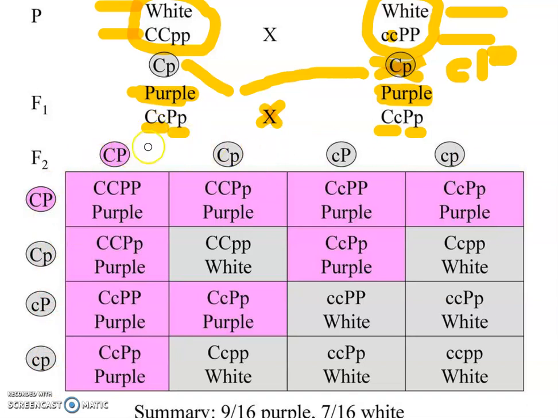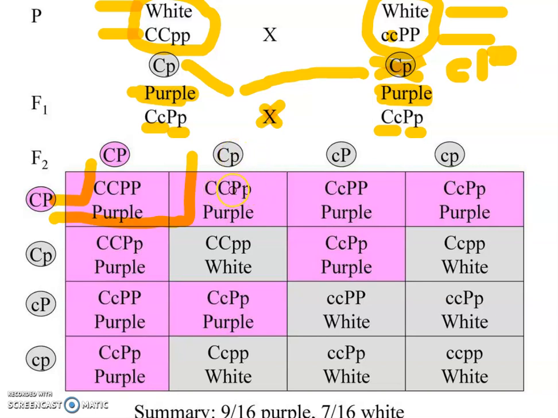Then two types of gametes come together: from one gamete C and from the other gamete C, so CC dominant, and this gamete P and this gamete small p. So the condition that happens is capital C, capital C, capital P, small p from these gametes.